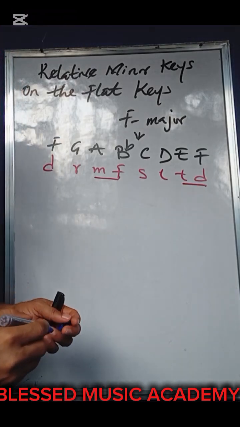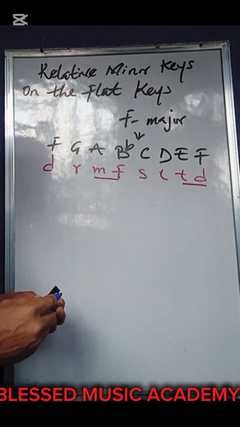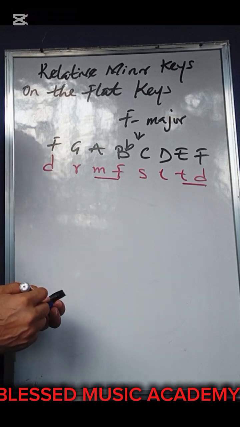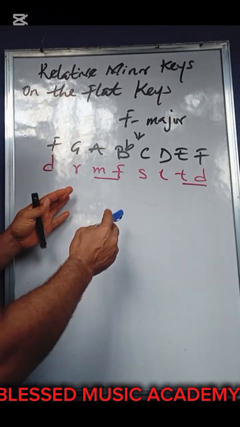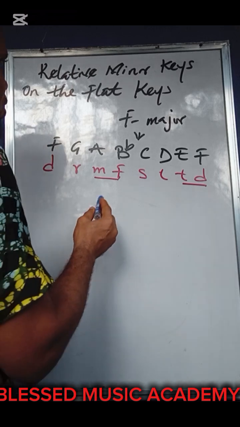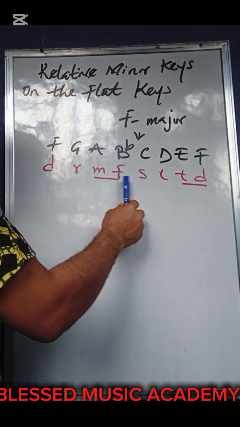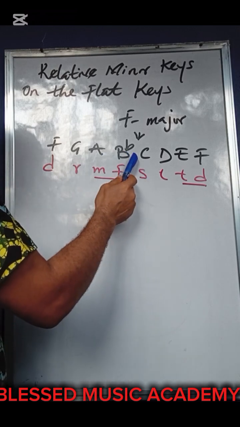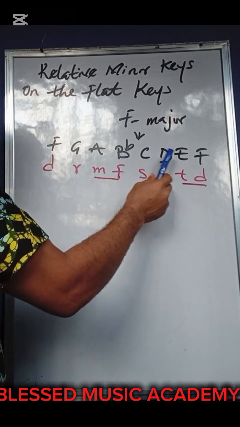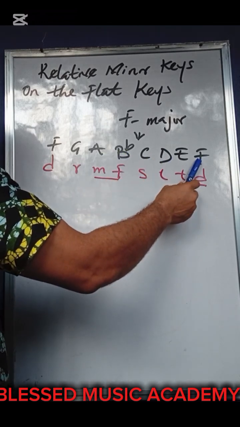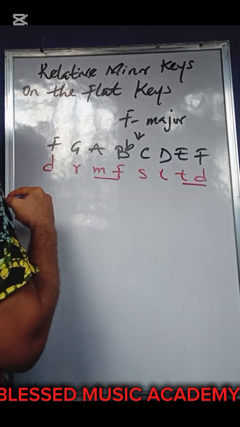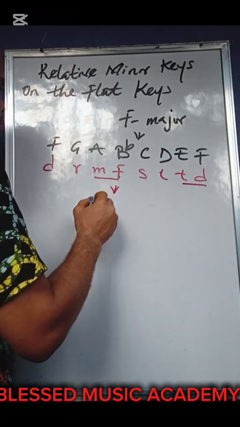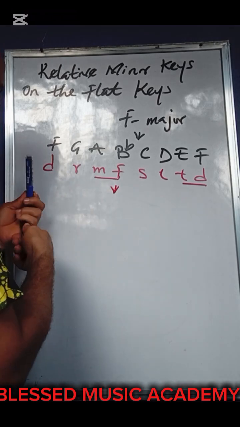So if you look at the keyboard we drew when we did the relative minor of the major, the relative minor of F major is, you count three steps backward. This is my F, one, two, three is my D minor. So this becomes D minor.